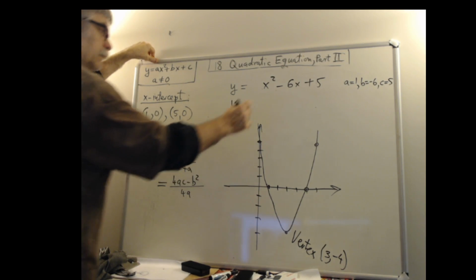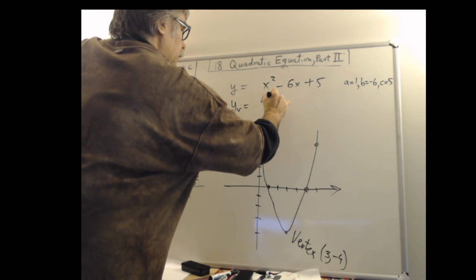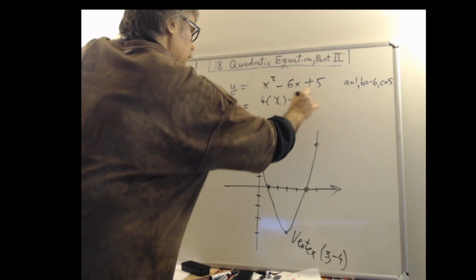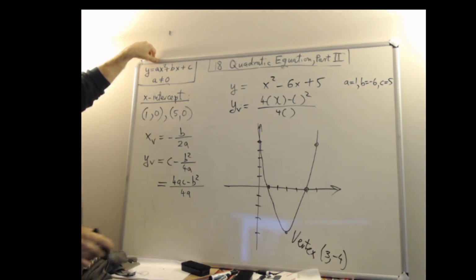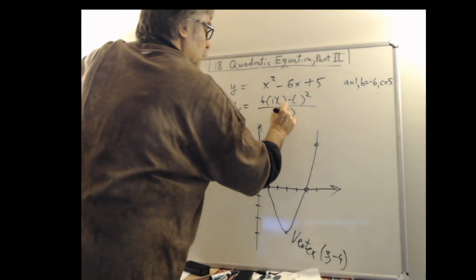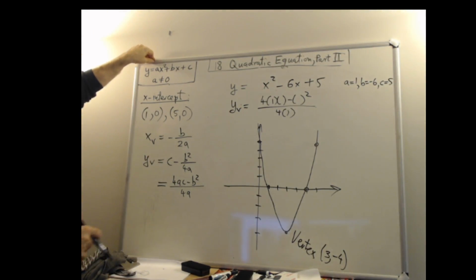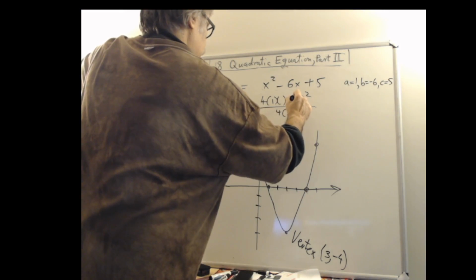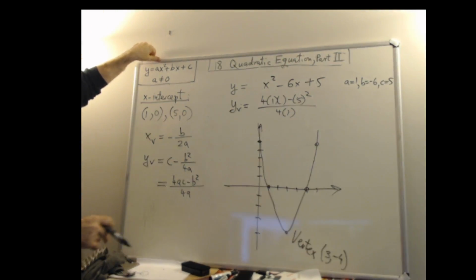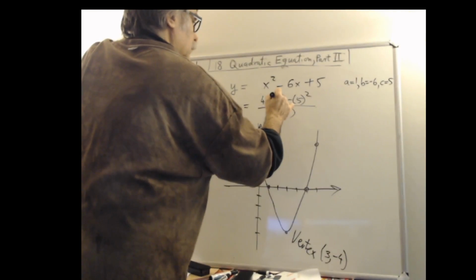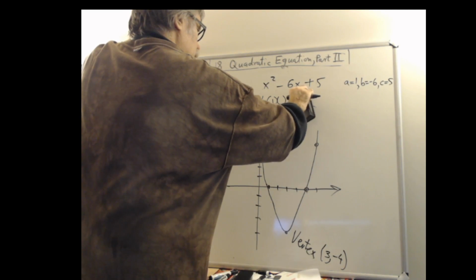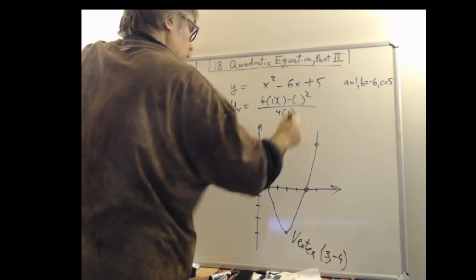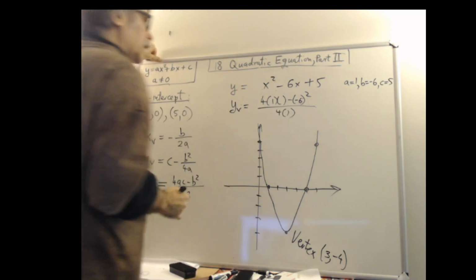This one here, 4ac minus b squared over 4a. a is 1, b is negative 6, excuse me, and c is 5.